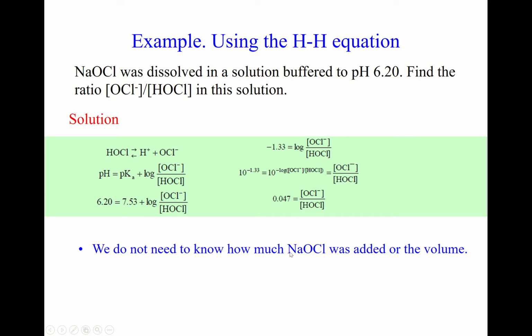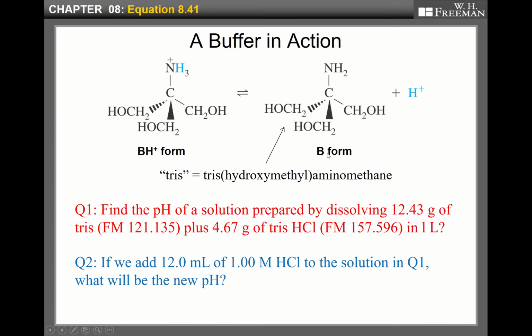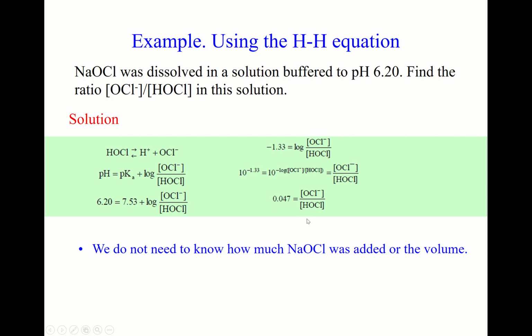Actually, to maintain this pH, the amount of sodium hypochlorite may not be important, but it does make some difference. More sodium hypochlorite makes the buffer capacity very high, as you'll see later.